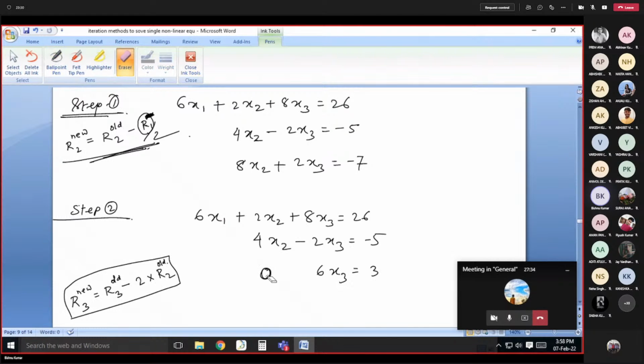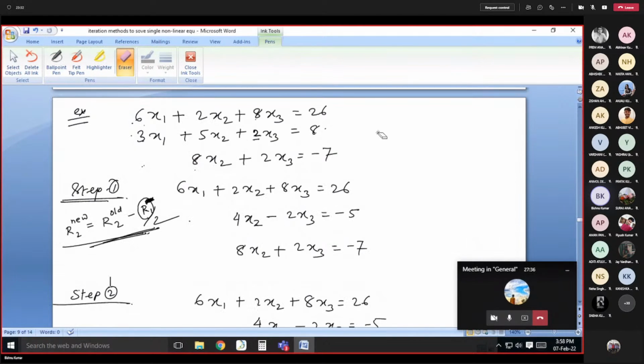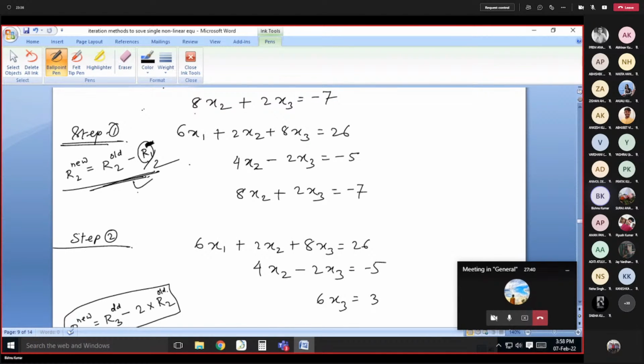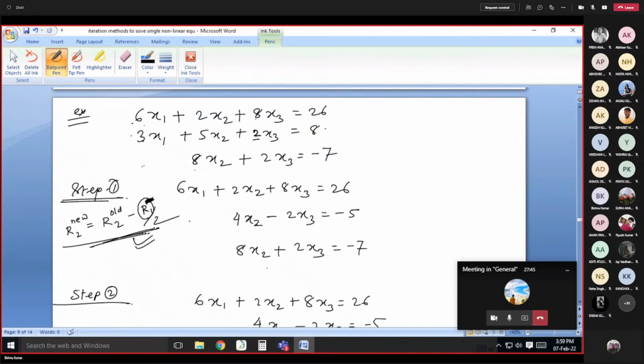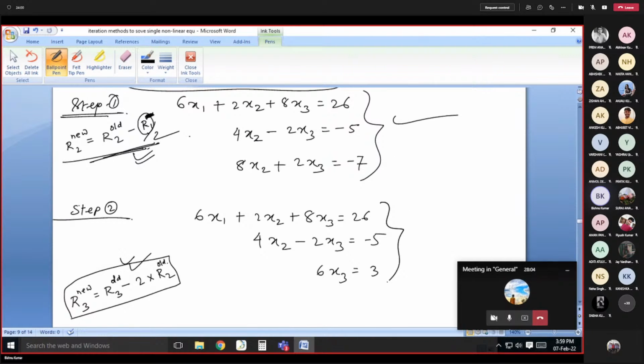Now you just see this given system. These are actually elementary row operations, which you have done during the rank calculation. Using any elementary row operation, whatever matrix I am getting is the equivalent matrix. So the original given system is equivalent to these systems.